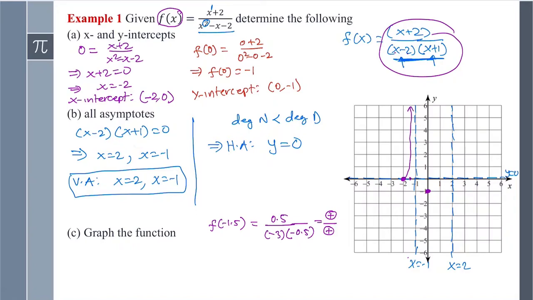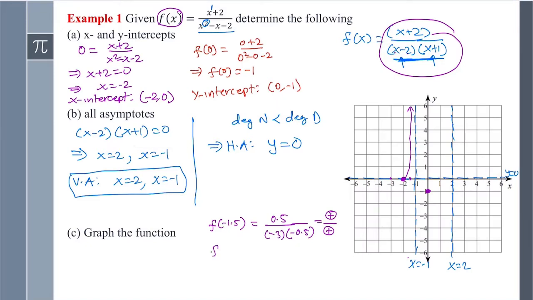One important thing that we need to note is that the graph never touches the vertical asymptote. It can cross the horizontal asymptote, but the graph never touches the vertical asymptote. Now from here, we can take -3 and check again whether it's above or below the x-axis.